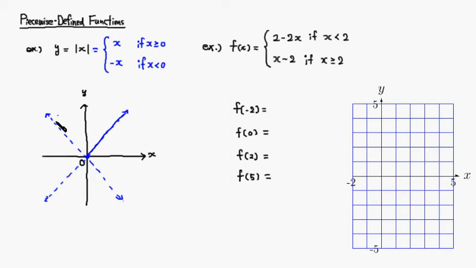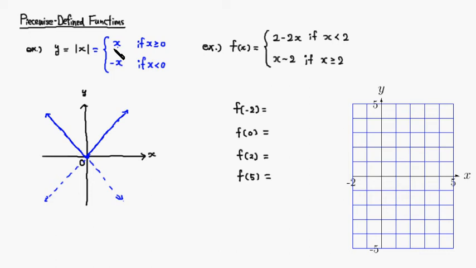So we keep this portion of the graph, and it matches up quite well. That's why the absolute value of x has a V-shaped graph. But this is a kind of piecewise defined function.